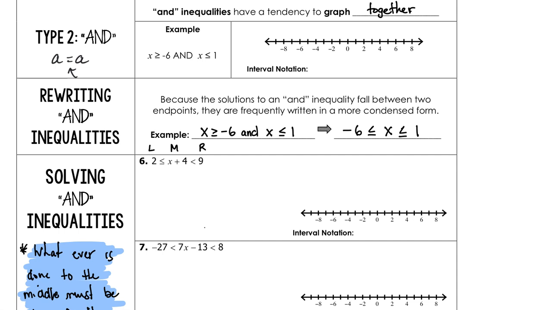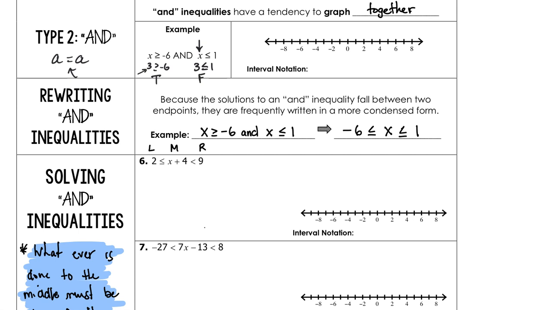If I pick the number 3 and check it, is 3 greater than or equal to -6? The answer is true. But the word and is important because that same 3 you picked here, you have to also replace over here. So if you replace this with a 3 and ask, is 3 less than or equal to 1, the answer is false.